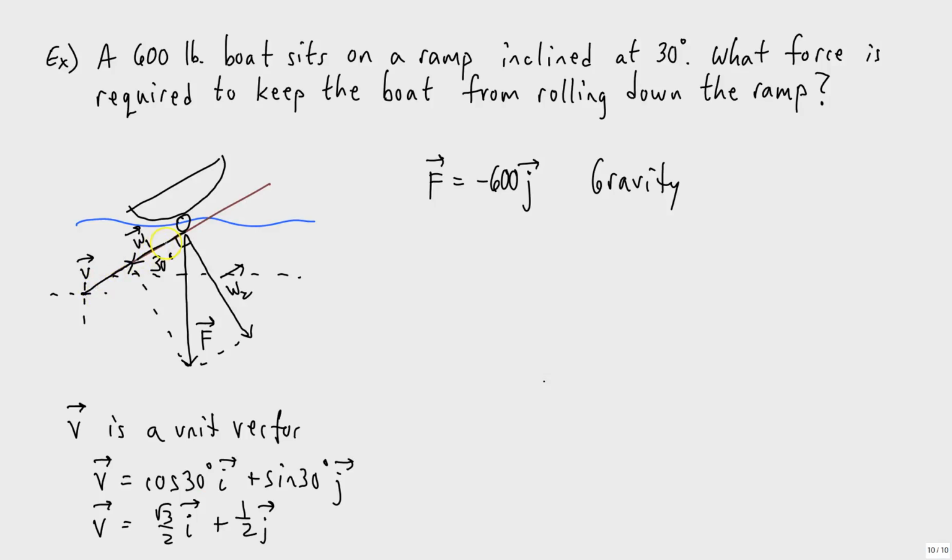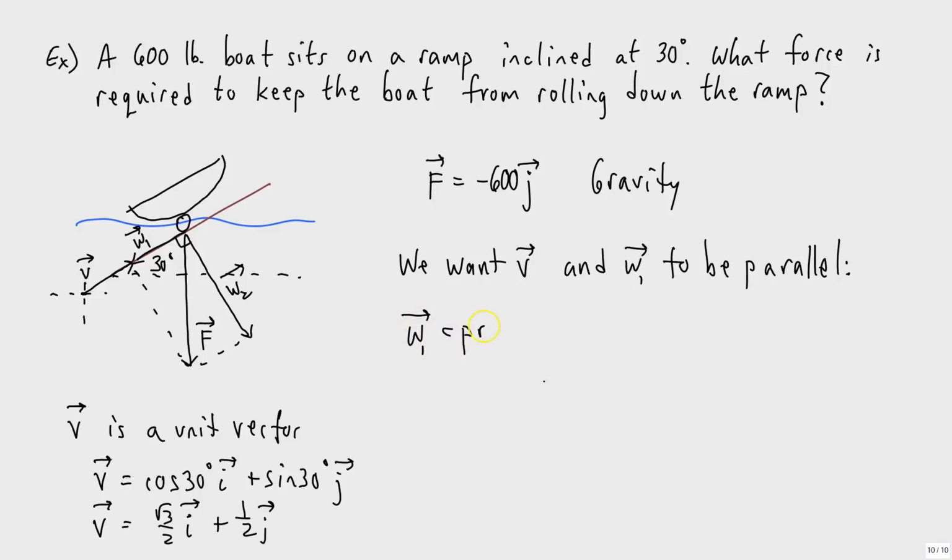But we want V and W1 to be parallel. So with that in mind, W1, because I want it to be parallel to V, is what we were calling the projection, and we're projecting F onto V. Use our formula for the projection.